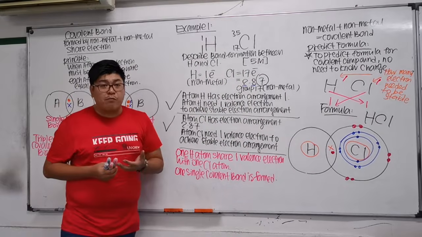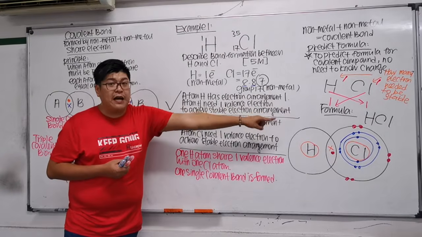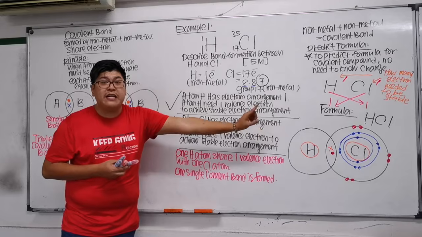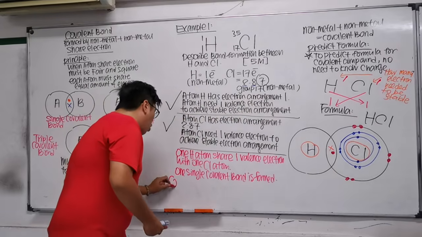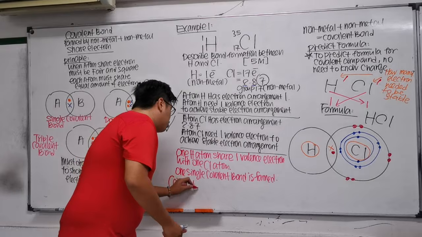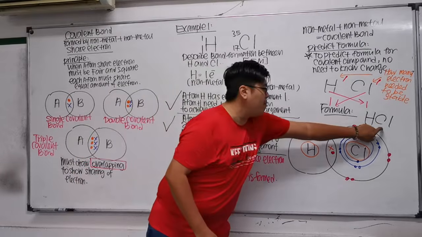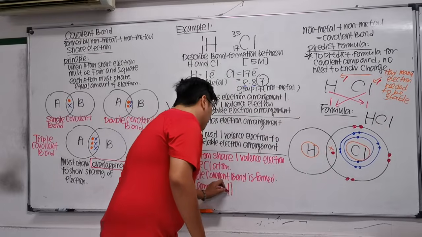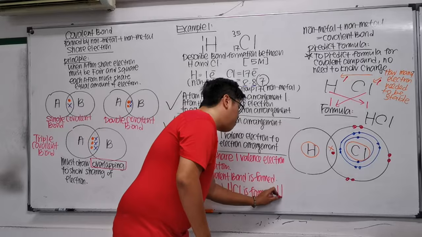After you already form a single bond, this whole fella formed by single bond is called a covalent compound. So what is the formula for this entire compound? Come on, HCl. So the covalent compound HCl is formed.